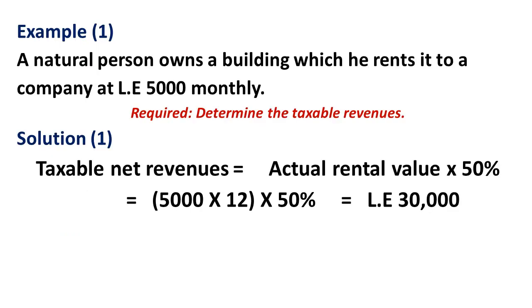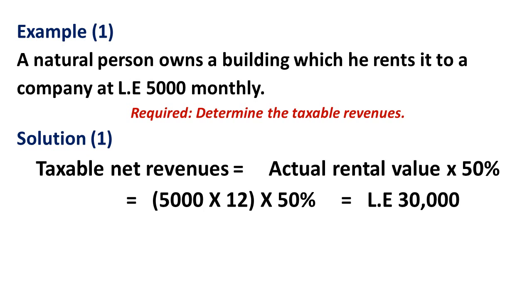As an example, if a natural person owns a building which he rents to a company at 5,000 pounds monthly. To determine the taxable revenues, we have to apply the rule: taxable net revenues equals actual rental value multiplied by 50%.